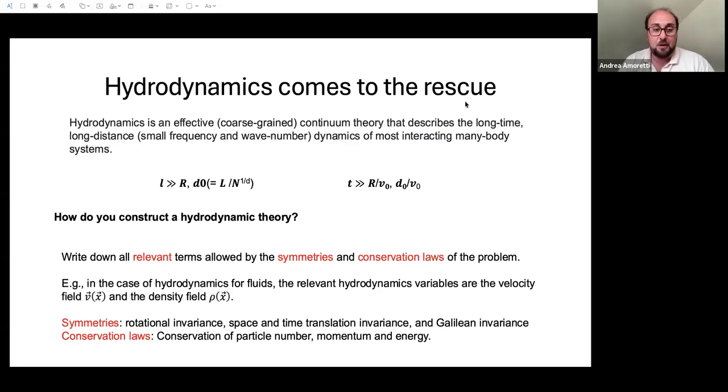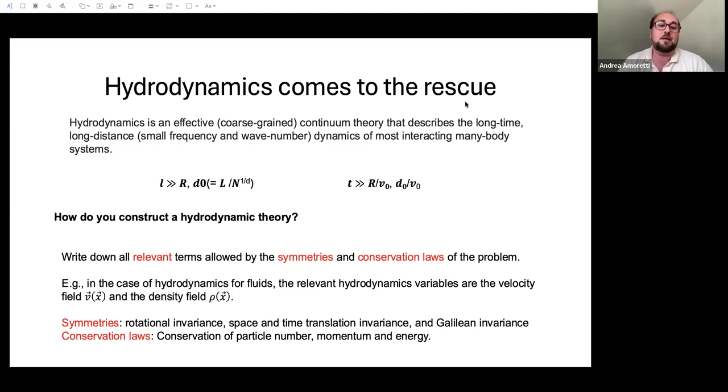So what you do to write your relevant hydrodynamic equations is you first derive what the symmetries and conservation laws of your system are. For example, in the case of a standard fluid, the relevant variables are the velocity and the density fields.